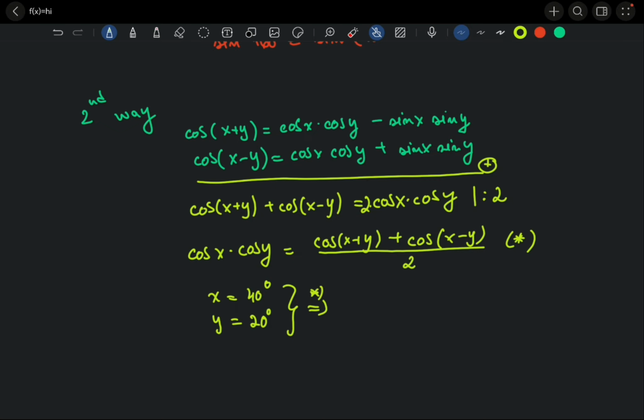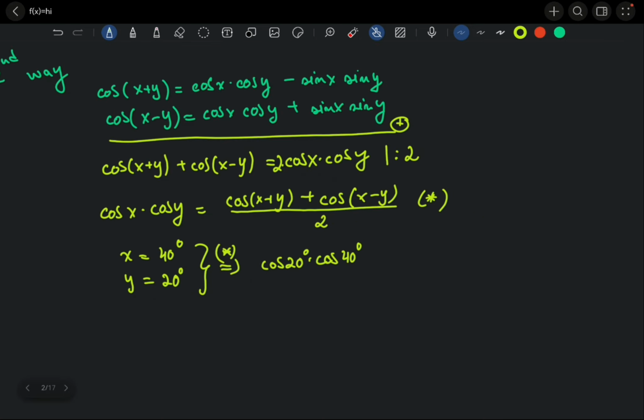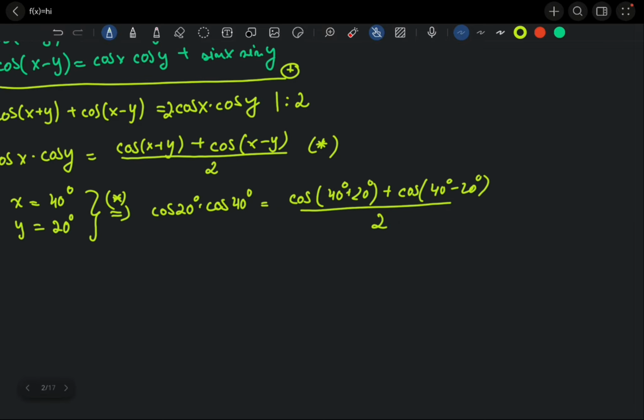into our newly derived formula, we get that cosine of 20 degrees times cosine of 40 degrees is equal to cosine of 40 plus 20 degrees plus cosine of 40 minus 20 degrees all over 2, which is equal to cosine of 60 degrees plus cosine of 20 degrees over 2.